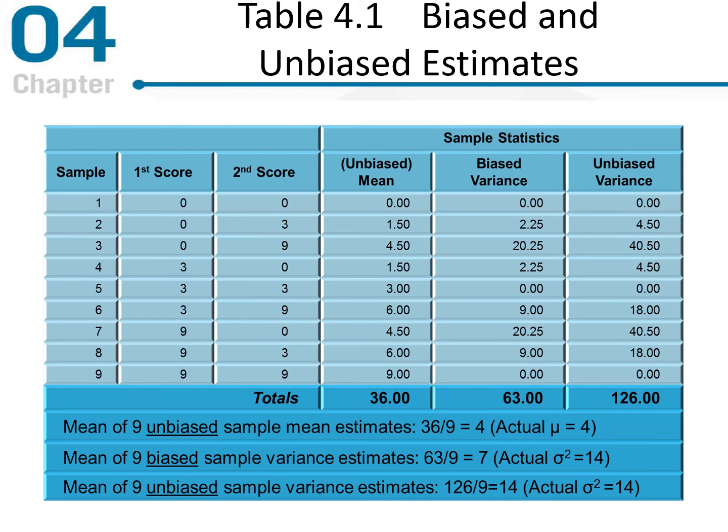But you can see the difference in the second sample, where you have 0 and 3. And if you computed the mean of 1.5, the variance would be: 1.5 squared and then 1.5 squared divided by 2, which would give you 2.25.